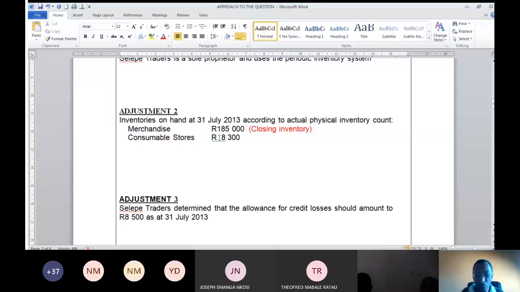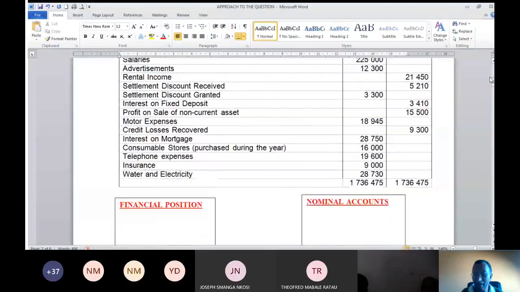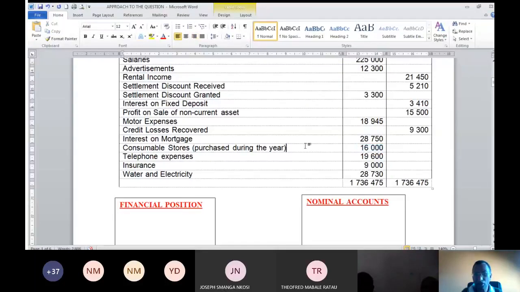Also, they tell you that we have got 8,300 Rand of consumable stores still on hand. So back to your trial balance now. I'm going to update my trial balance now. My consumable stores is 16,000 Rand. That means that during the course of the financial year, I bought consumable stores for 16,000 Rand.